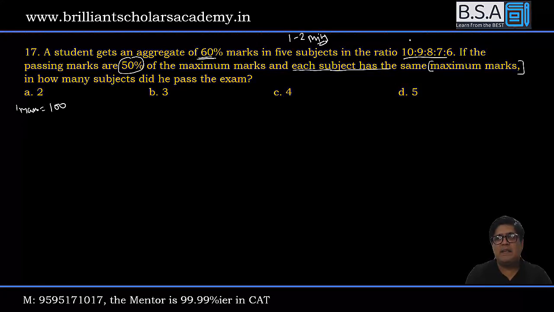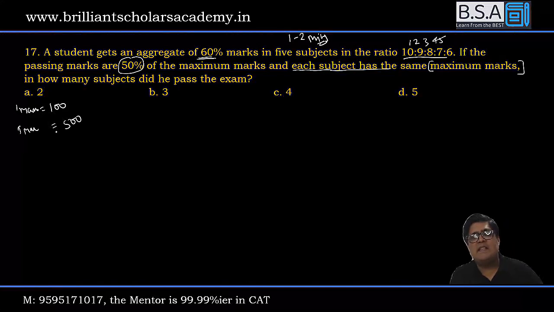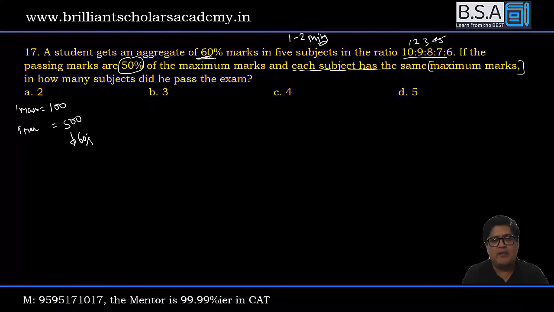So how many subjects are there? 5. So total maximum marks are 500. How much has he scored? He has scored 60% of the aggregate. So what is 60% of 500?